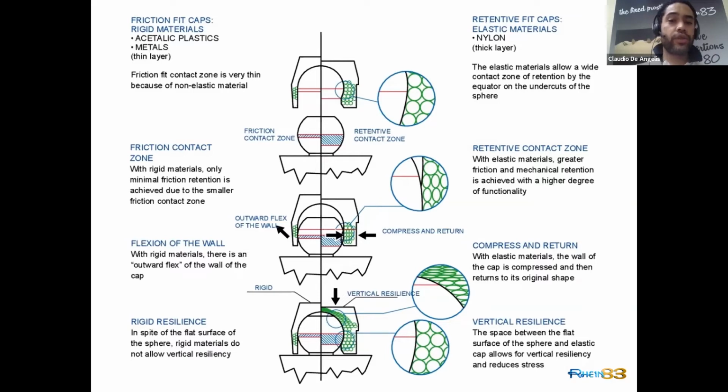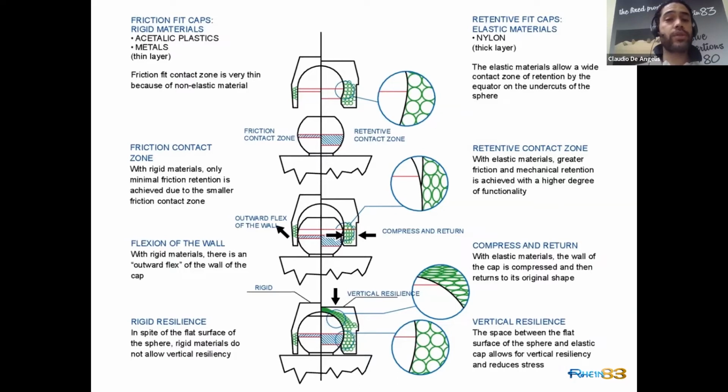Not only a better retention, but also a better durability of the retention, because if you work on a minor surface, you run the risk to wear out, to damage the surface. And once you damage the maximum diameter of the sphere, you lose your retention. If you work on a major surface, you reduce the stress over the sphere.